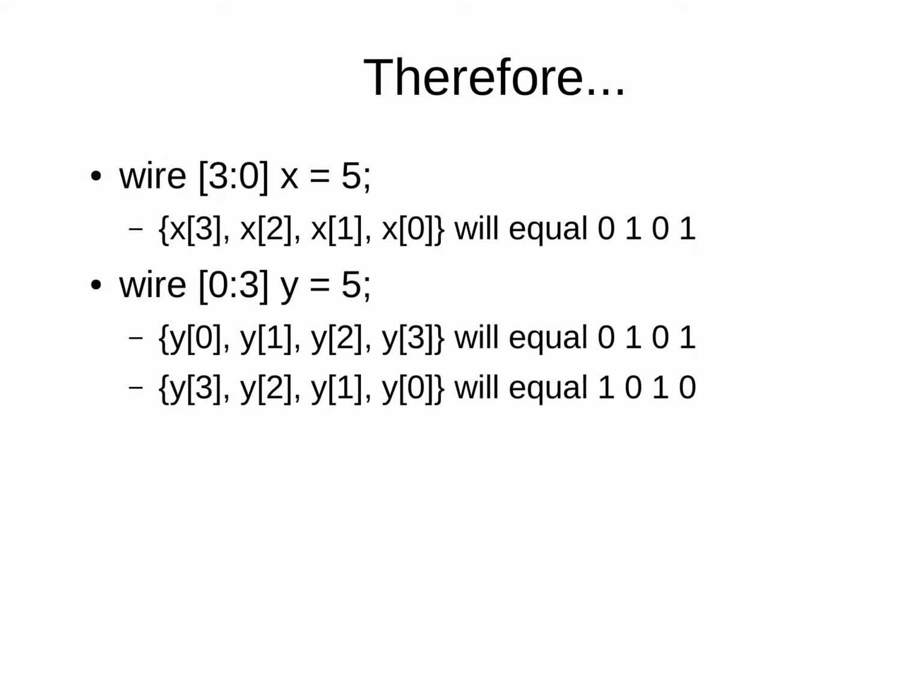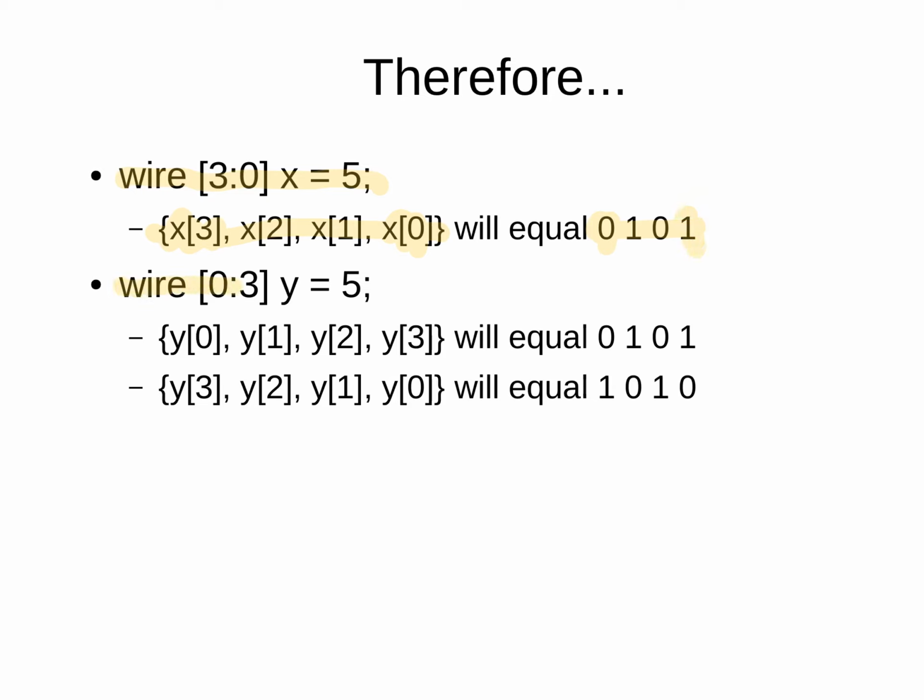First, let's clarify what we said before. If we write x[3:0] equals 5, then that means that this will equal 0101, because x of 3 is the most significant bit and x of 0 is the least significant bit.